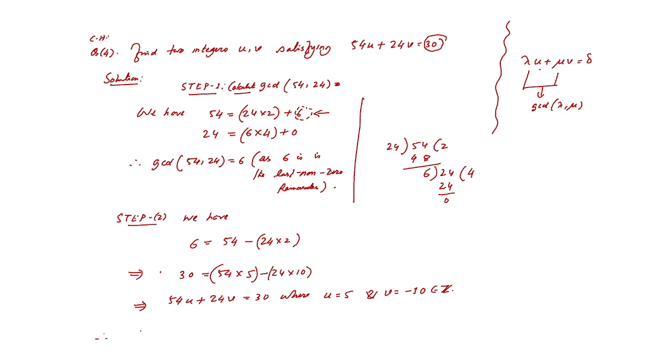Therefore, the integers u and v are 5 and minus 10 respectively, which satisfy 54u plus 24v equals 30. So this is also a question for 4 marks, and we have done this problem now.